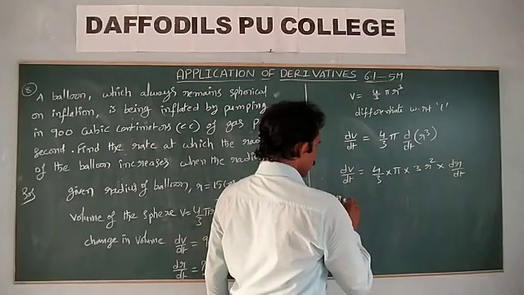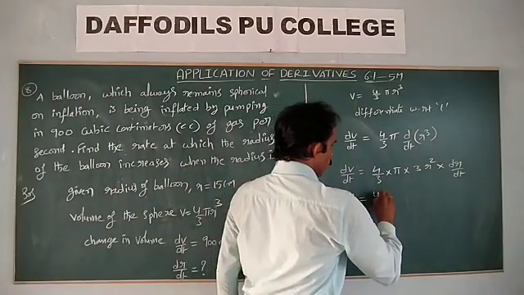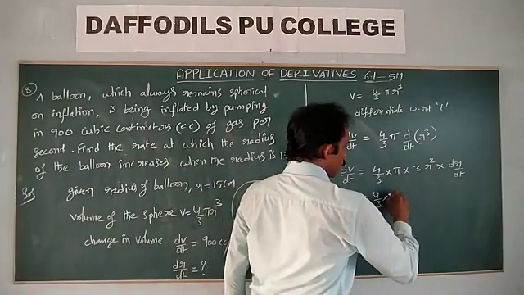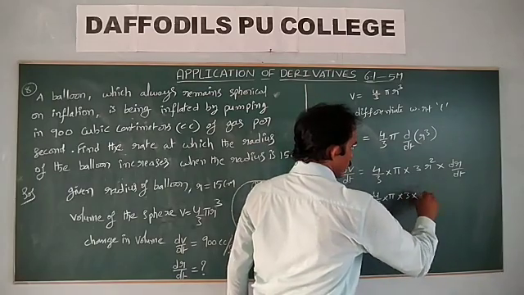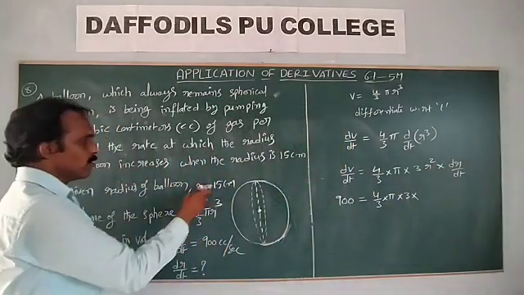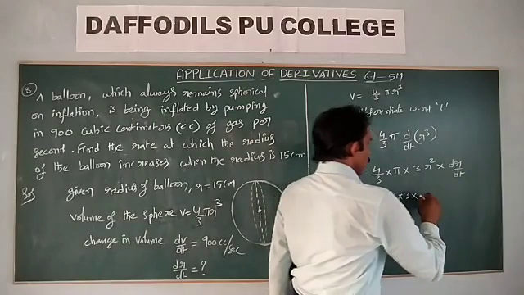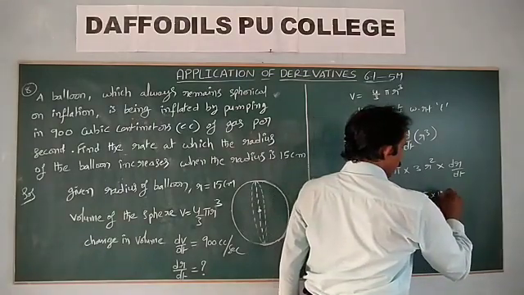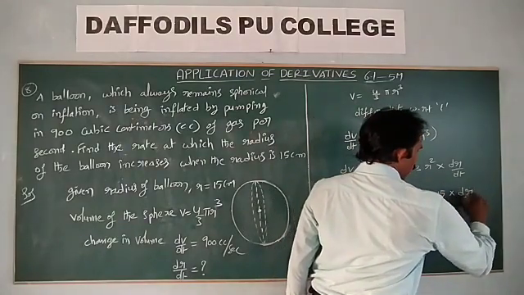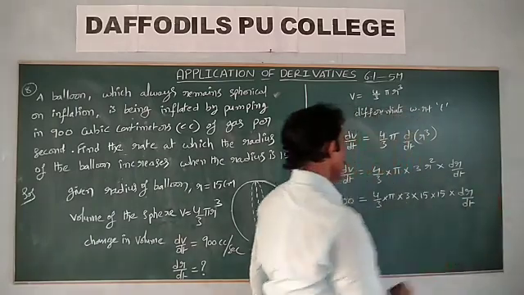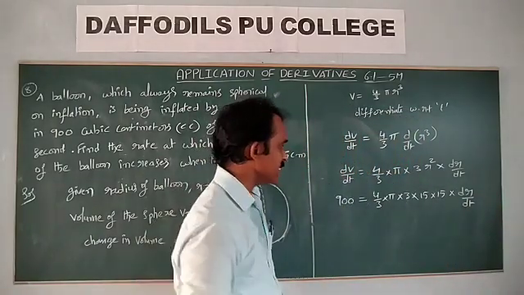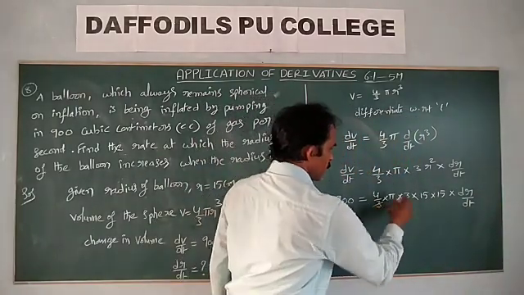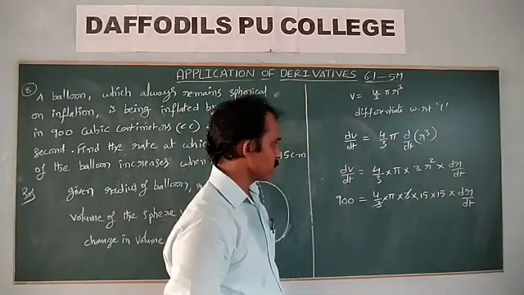So write 900 equals 4 by 3 into pi into 3 into r square, with r equal to 15, so 15 into 15, into dr by dt. This 3 will cancel.